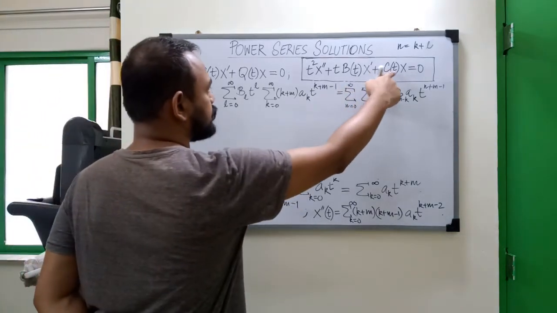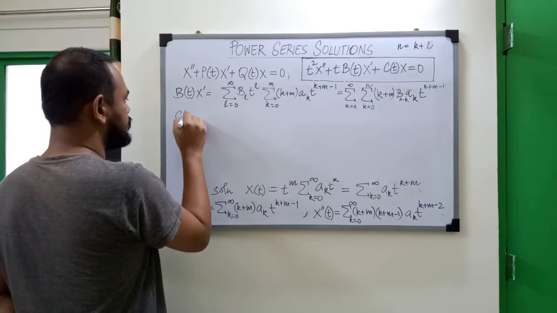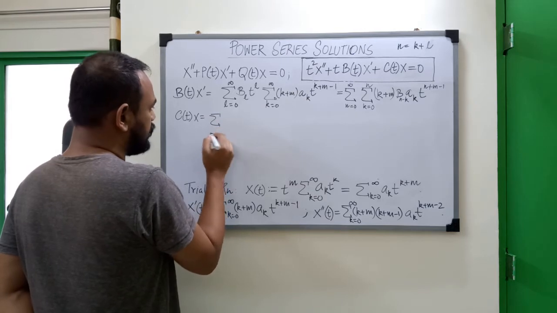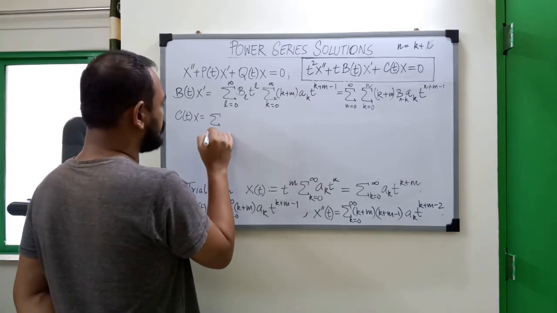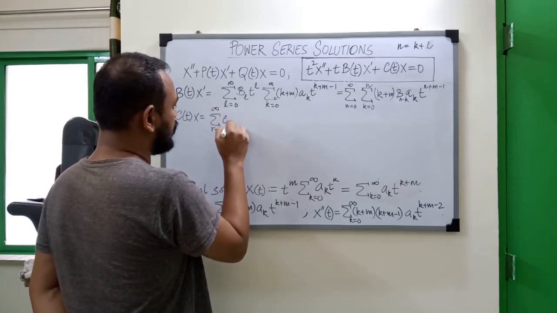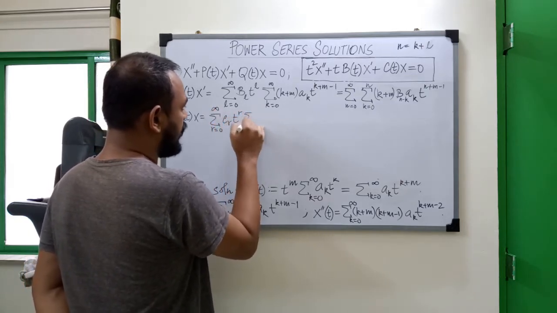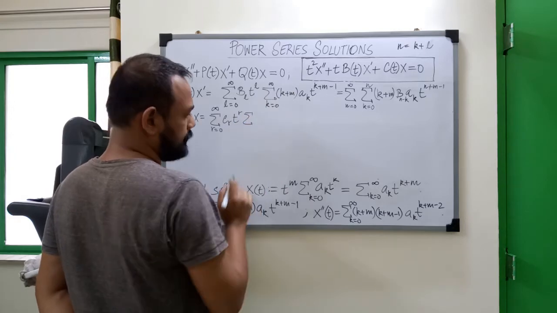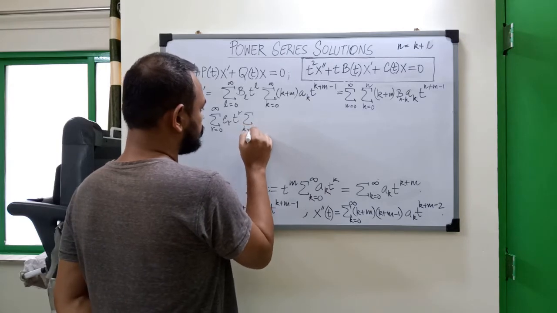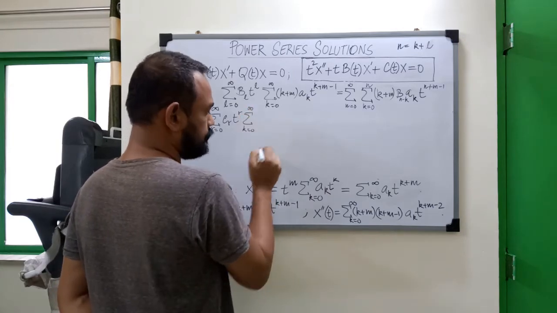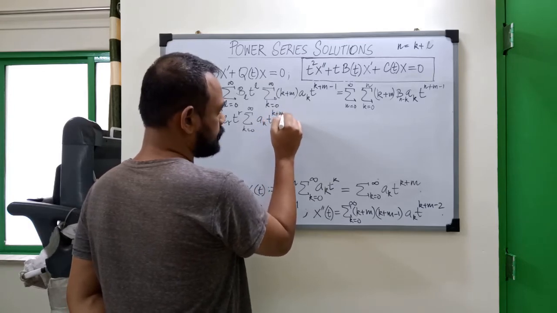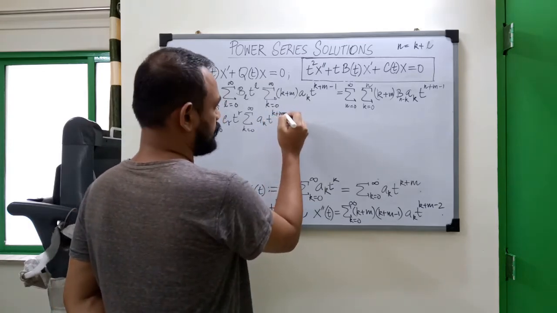What about Cx? So Ct with x, it gets the same form. You just write this one as maybe some other index, CRTR, and x had the form, this is x. X again goes from 0, k again goes from 0 to infinity, ak t to the k plus m. That's it.